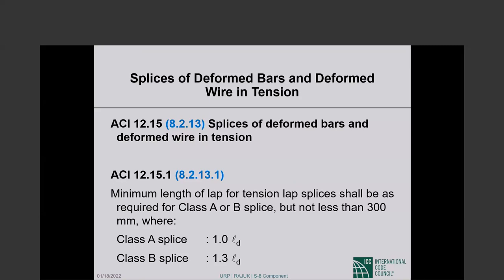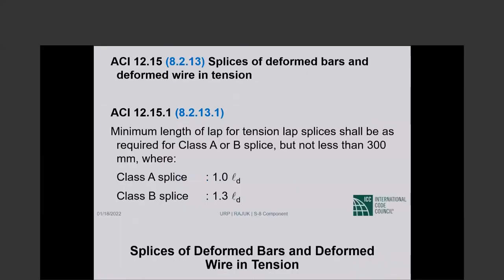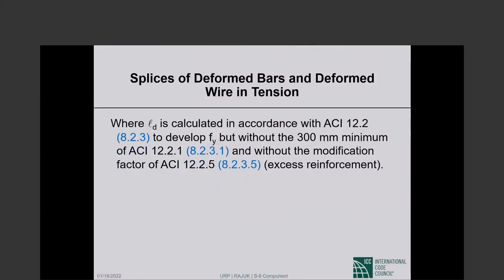Class A splice, the splice length is 1 time development length. Class B splice, it is 1.3 times development length in tension. L sub d is calculated to develop f sub y, but without the 300 millimeter minimum of ACI.